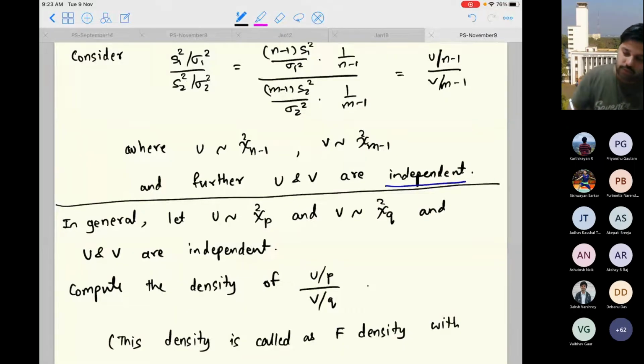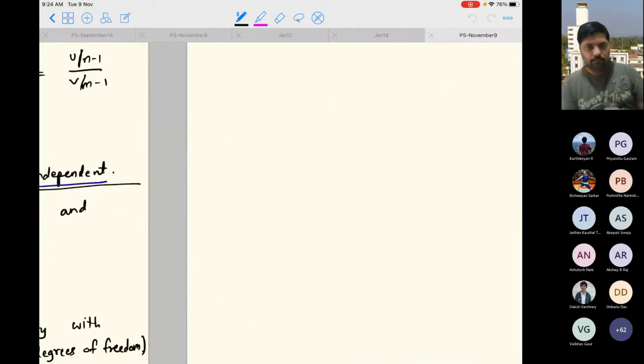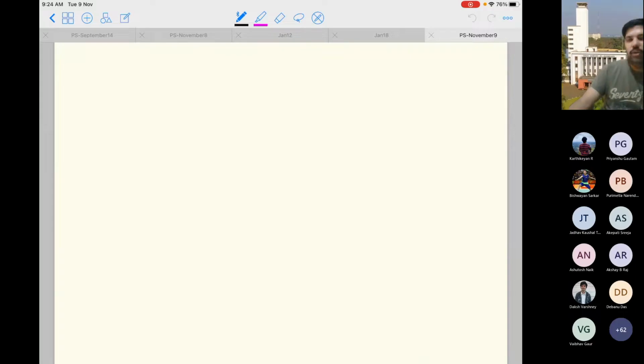Degrees of freedom are only like parameters. And you already know that in chi-square, degrees of freedom basically relate to the alpha and lambda parameters. So I will now write down the joint density of u and v directly.